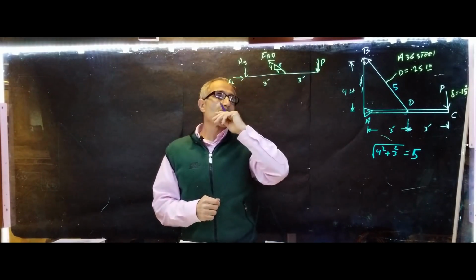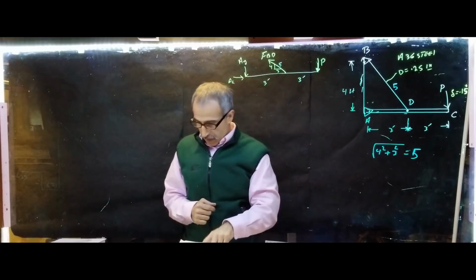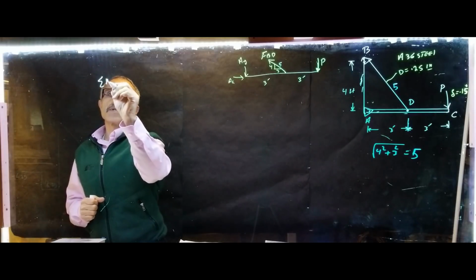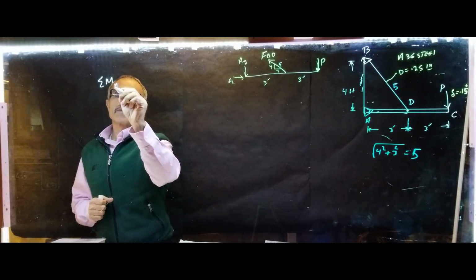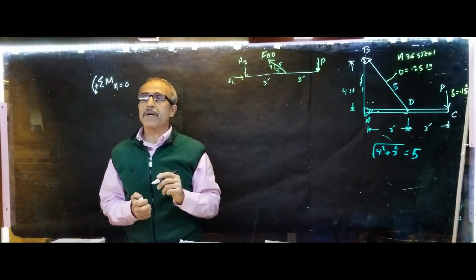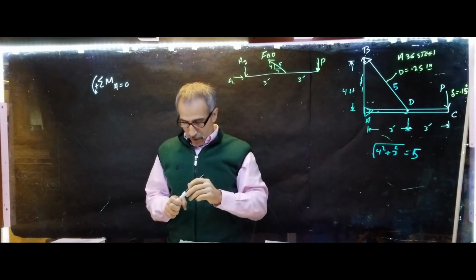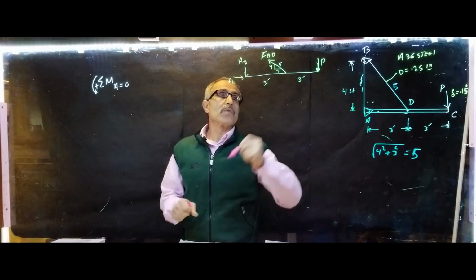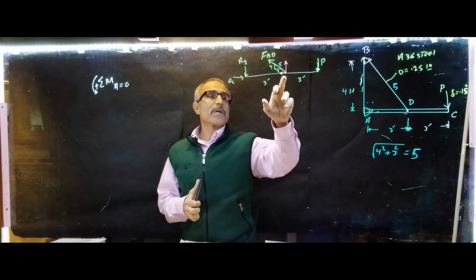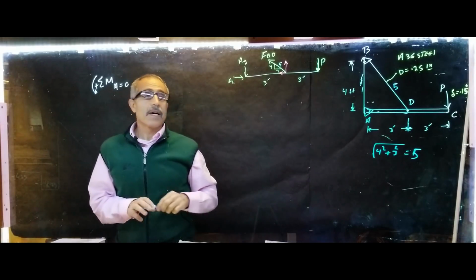Now we want to take a moment about point A, so that we can calculate what these forces are. Summation of moments about point A is equal to 0. Always make a sign convention for yourself; say counterclockwise is positive. This force right here can be broken down into two components, a vertical and a horizontal one. We don't care about the X component because it's going to be 0, so we care about the vertical component.